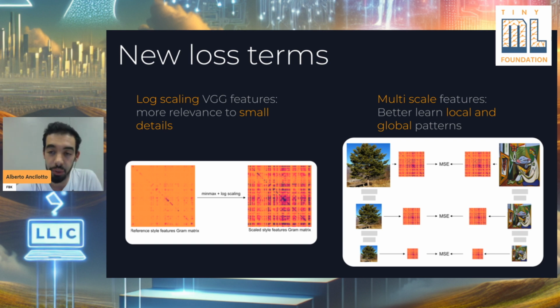And the other thing that we are doing is we are running the style transfer operation in a multi-scale manner. This helps a lot because if you imagine, for example, the Starry Night, in the Starry Night you have the very, very small brush strokes, but you also have the very large swirls around the image, and you want to approximate them both. So by doing this in 3 different scales, we can actually learn the task a lot better than just using a single scale and a large network.